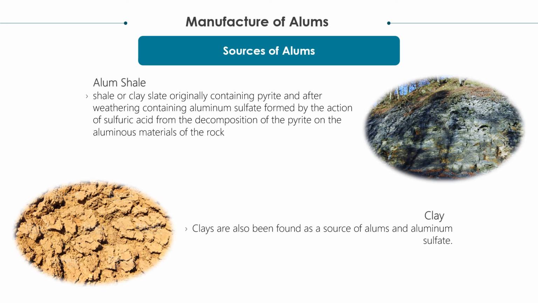Fourth is alum shale, which originally contains pyrite and, after weathering, contains aluminum sulfate formed by the action of sulfuric acid from the decomposition of the pyrite on the aluminous materials of the rock. And lastly, clays have also been found as a source of alums and aluminum sulfate.